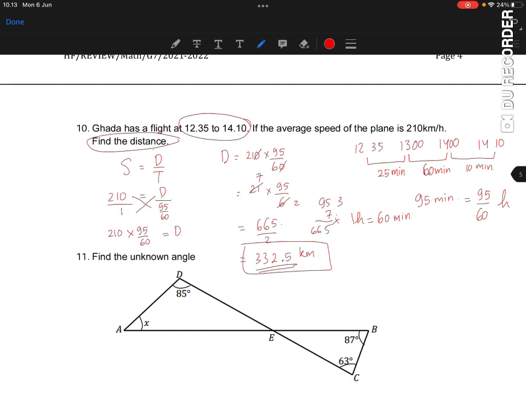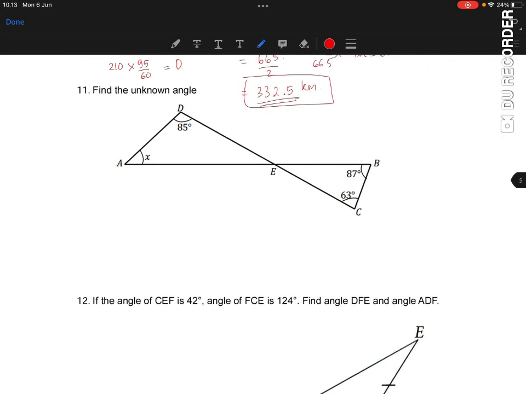Move on to number 11 now. Find the unknown angle. The unknown angle is x here. But we need to find this first, right? This one is opposite angle with this. So now this one is going to be 180 minus 87 minus 63. Oh, sorry guys. If you want to find this one, just use this triangle, okay?